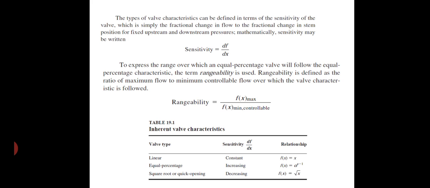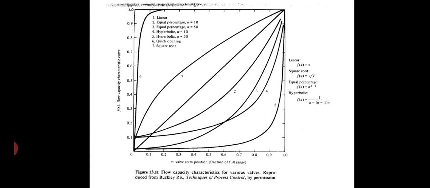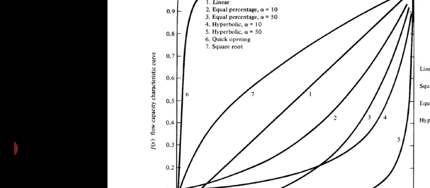Now we come to valve sizing. We have seen earlier, at the time of developing the dynamics of the liquid level system for the non-linear valve, that the non-linear valve characteristics depend on the square root characteristic, F(x) equals root x.